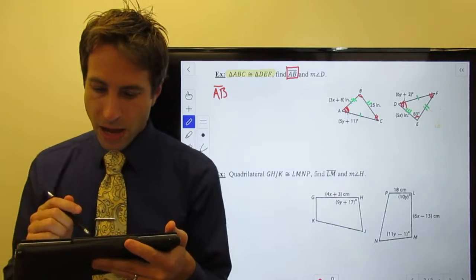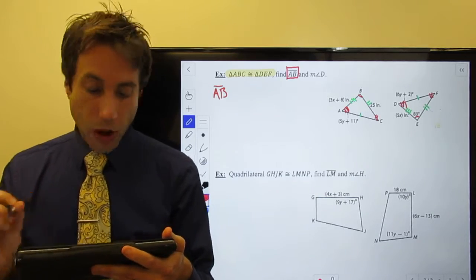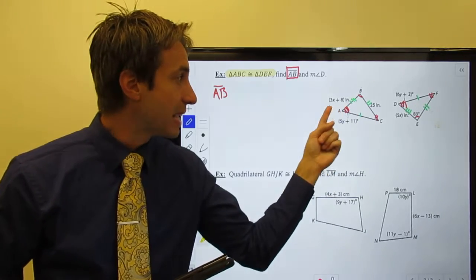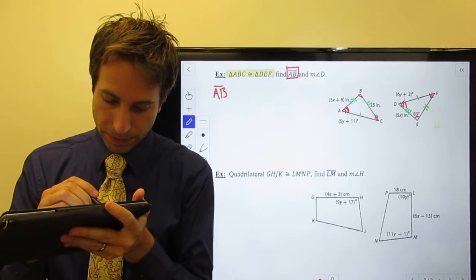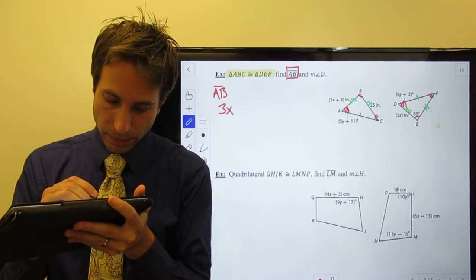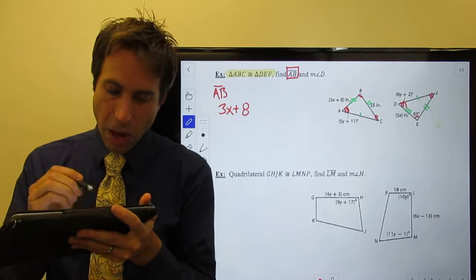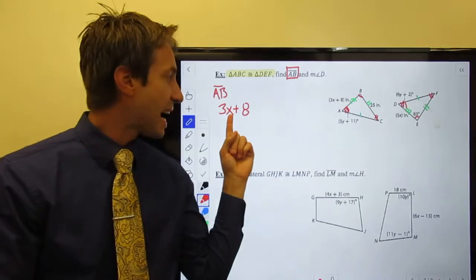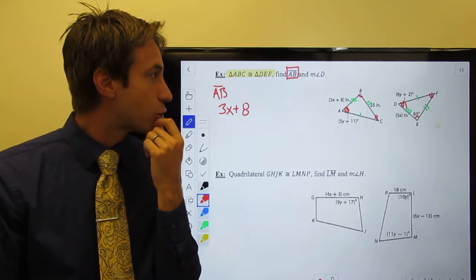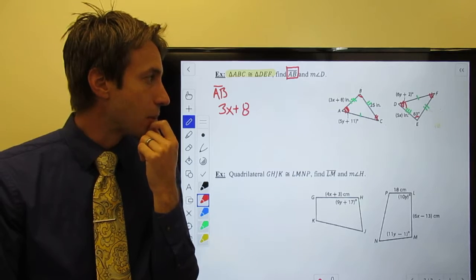Well, I know the length of AB. It's 3x plus 8. But I have a problem: it has a variable in it. I'm going to need to solve for that variable.